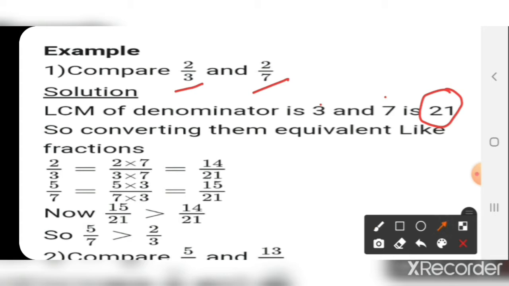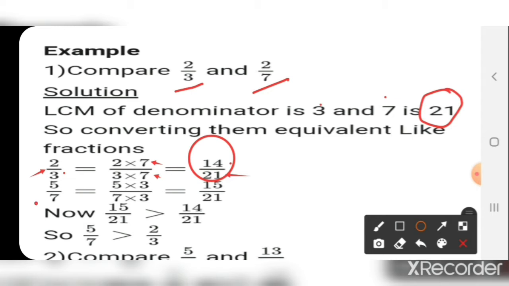Now for 2/3, 3 multiplied by which number gives denominator 21? 7. If we are multiplying the denominator with 7, we have to multiply the numerator with 7 also. So what will we get? We will get 14 upon 21. 2 7s are 14 and 3 7s are 21.